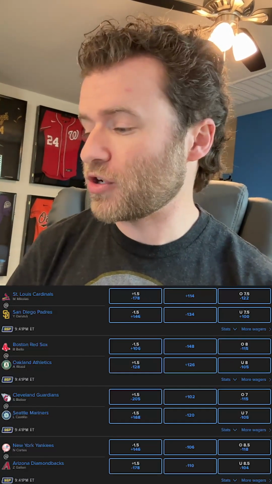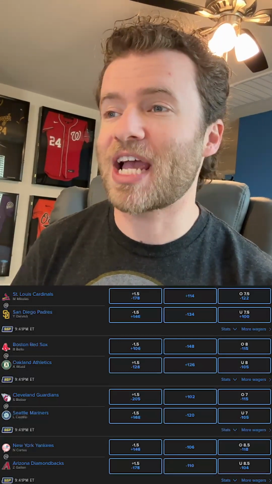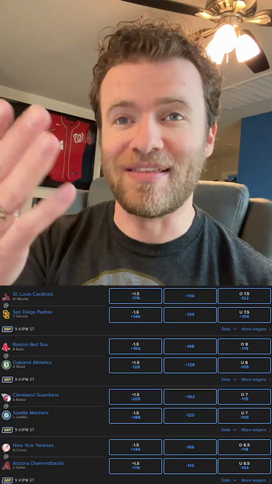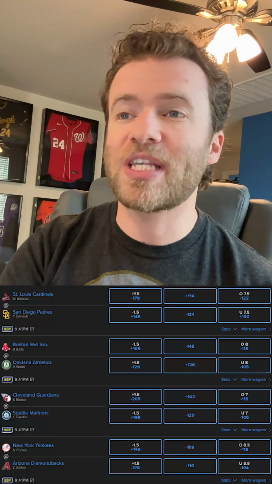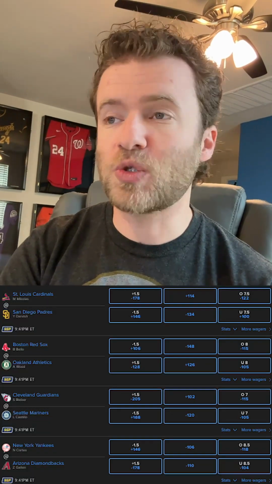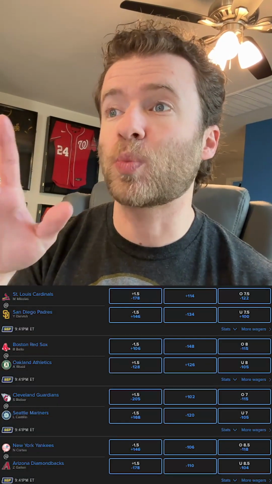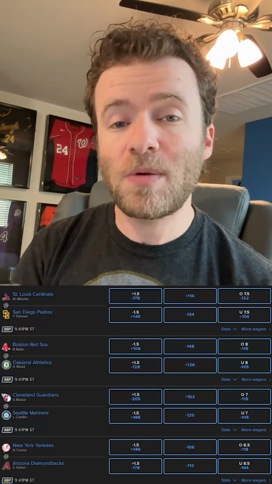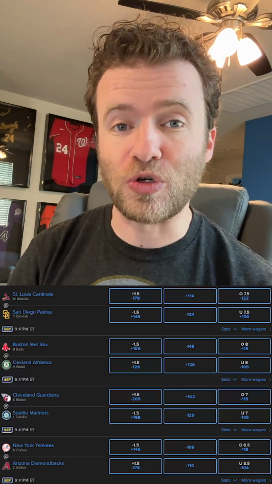With these calculators, you can actually go the opposite direction also. You can type in the implied odds, in this case 64.9%, and it will tell you what the fair odds would be. So in this case, San Diego should probably be right around minus 185. That would be fair, no juice odds.